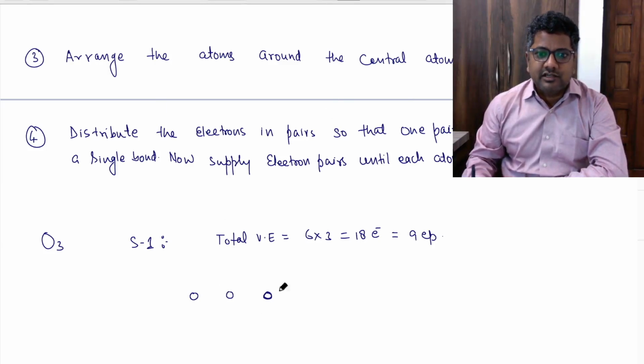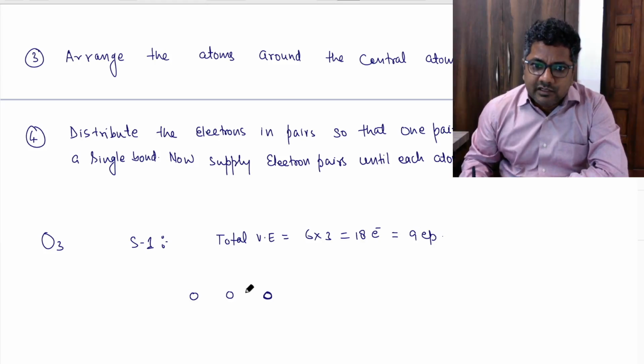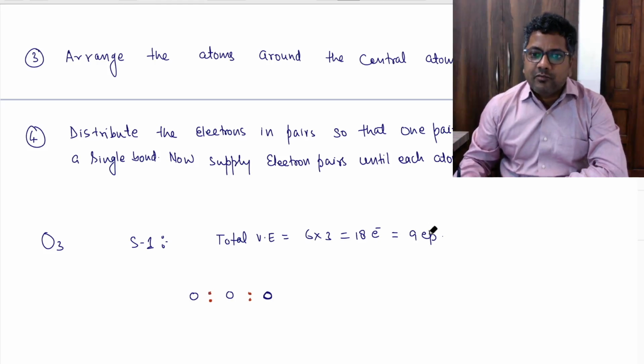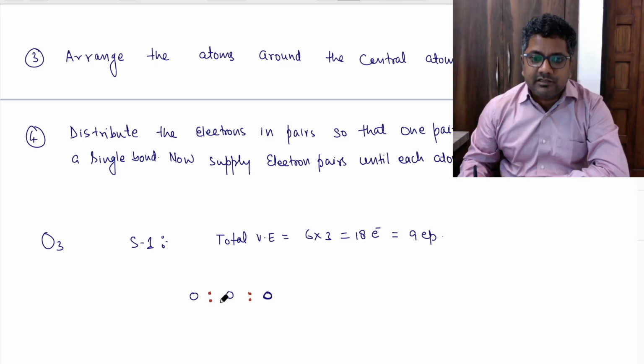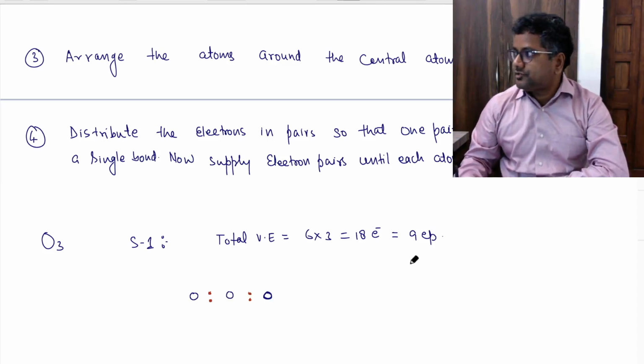I am considering a central atom and the others, the same atoms are there. Distribute the electrons in pairs. So one electron pair is here, one electron pair is here. You have total 9 electron pairs. So remember, you have total 9 electron pairs, right? You have distributed 2 electron pairs. After that, what I have written? Now supply electron pairs until each atom has an octet.